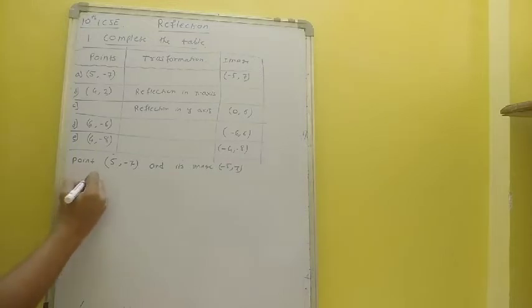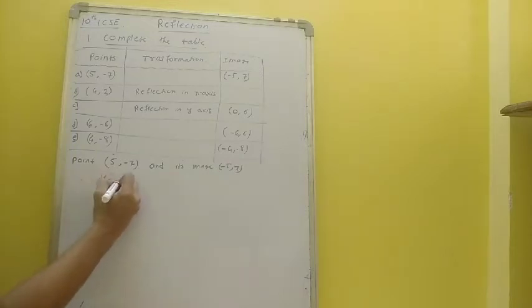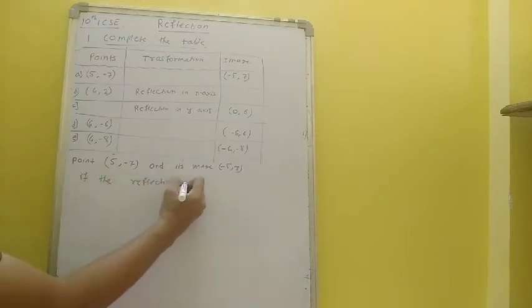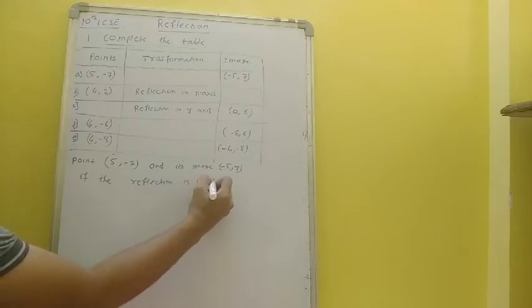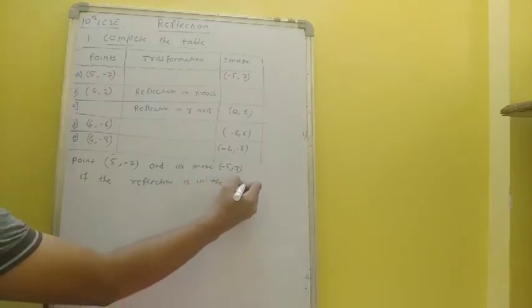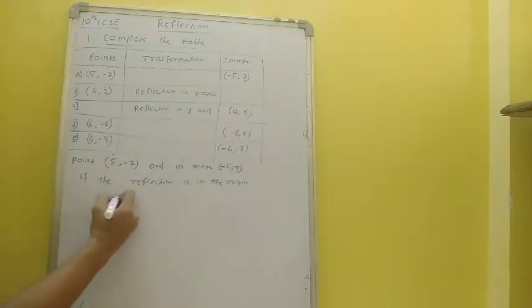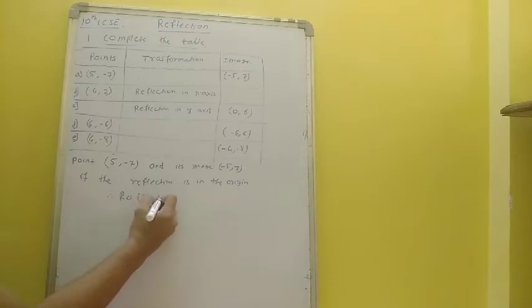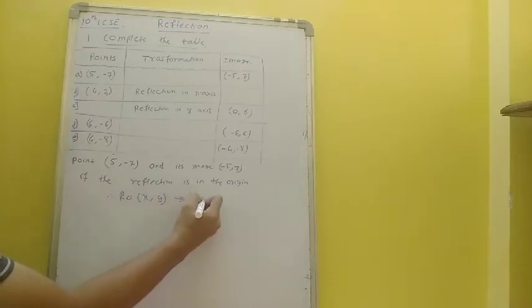So if the reflection is in the origin, then x comma y will become minus x comma minus y.